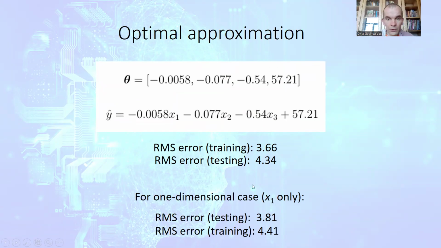So for the two-dimensional case, using an additional variable, acceleration of the car, helped us lower the error of prediction of the fuel consumption parameter, MPG of the car. It's now lower both for training data and, what is more essential, for testing data.